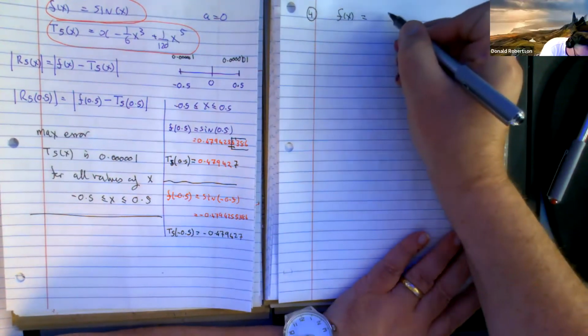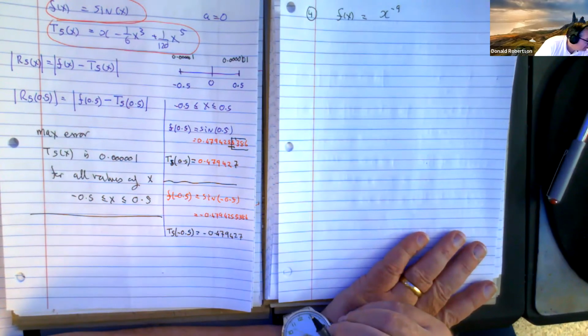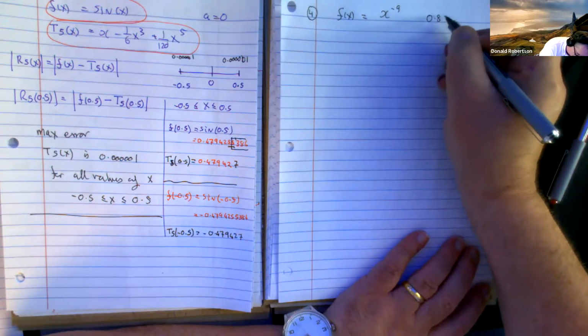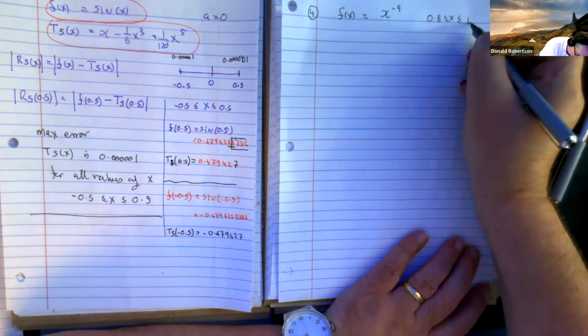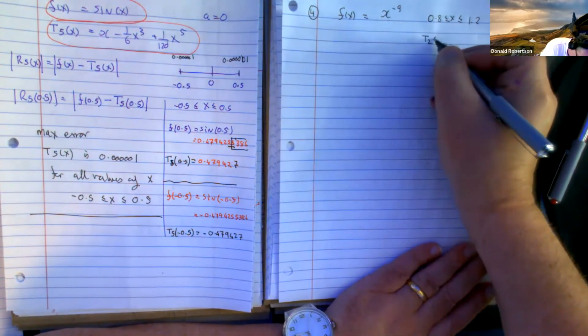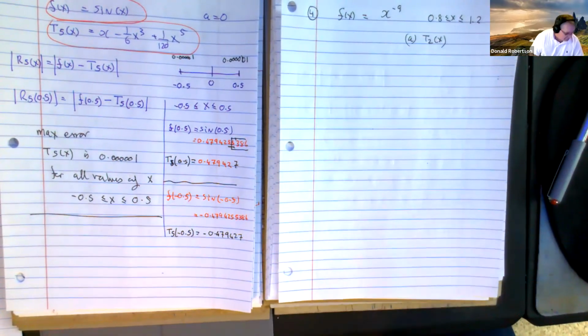In question 4, you're given a pretty mundane function, x to the negative 9, and you're being asked to only use values of x in the range 0.8 to 1.2, and you're being asked to find T2 of x.